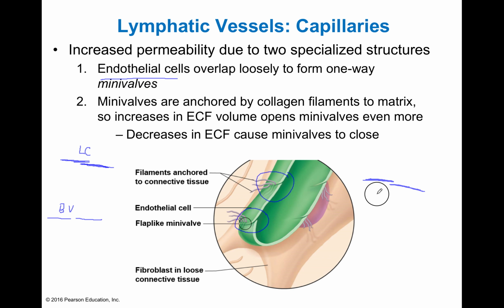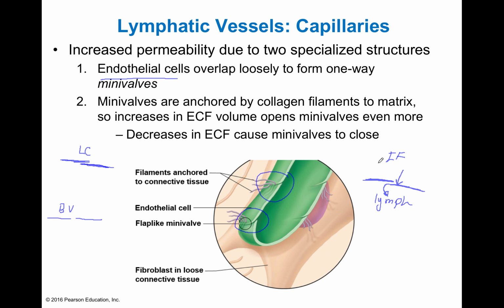This is basically where you have your lymph flowing, and this space is your interstitial fluid. So what happens is, as the fluid gets leaked out into the interstitial fluid, there is more and more pressure because there is more fluid. Now this pressure is going to push down on this flap and open the flap and allow the lymph to flow into the lymphatic vessel.